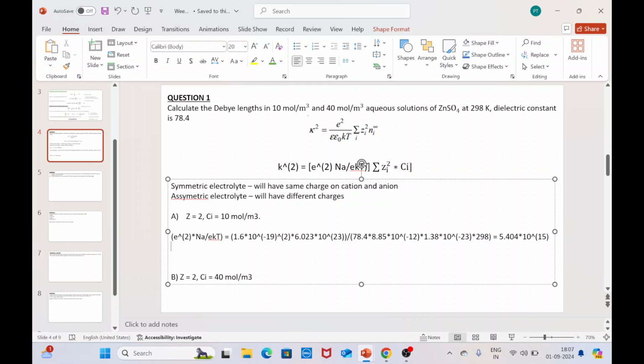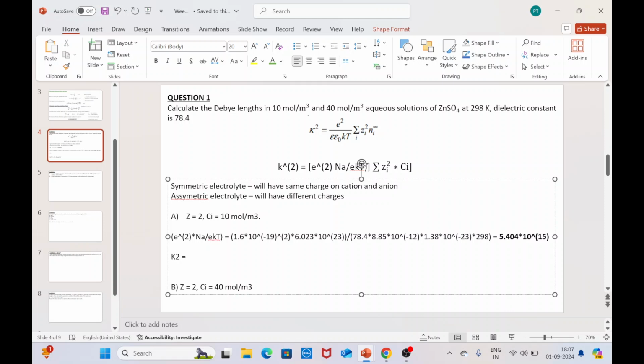Since this answer is the same and the calculations are fine, and I have also received one response, I'm going to take this value 5.404. We will be using this for our other calculations also, so please keep this in mind.